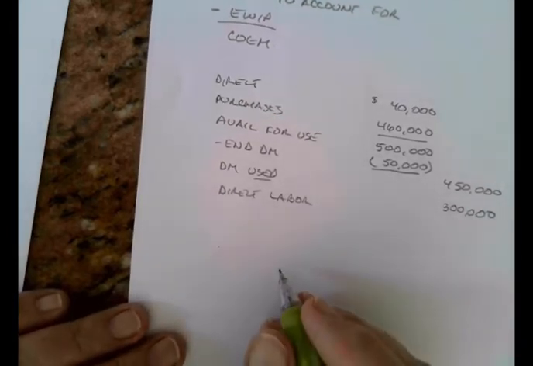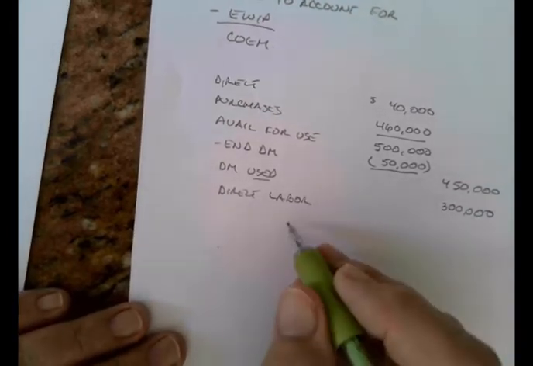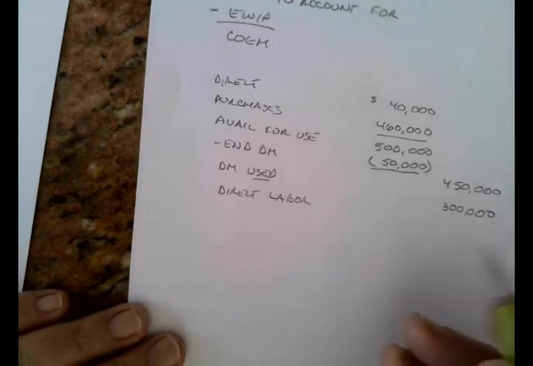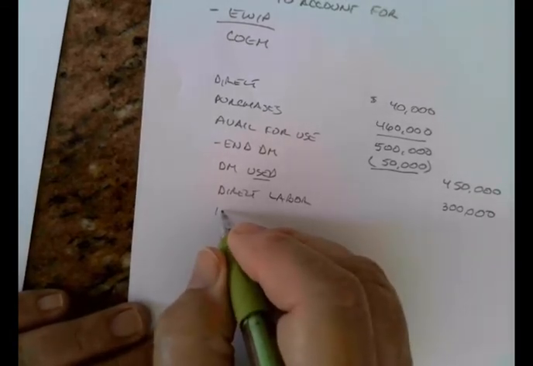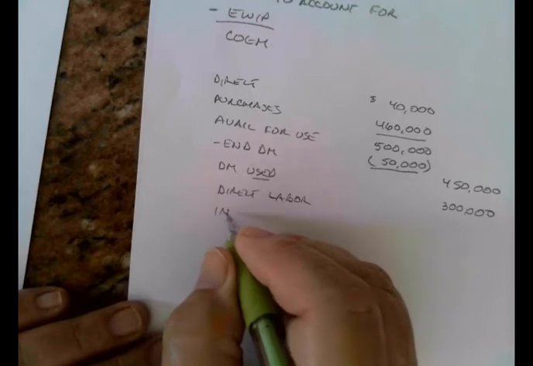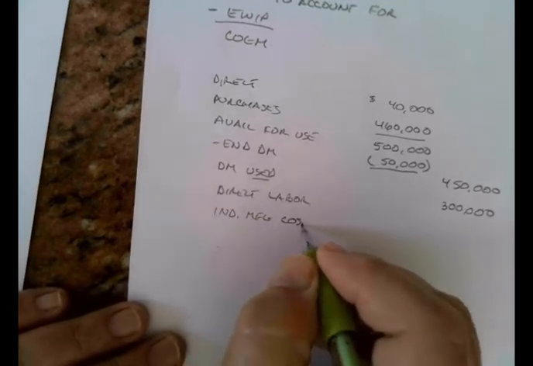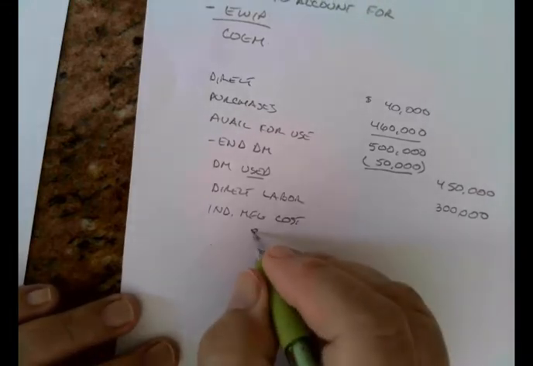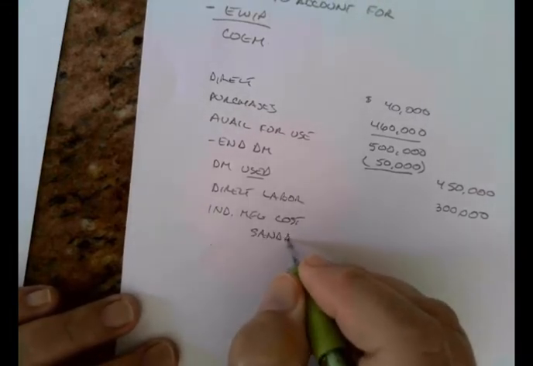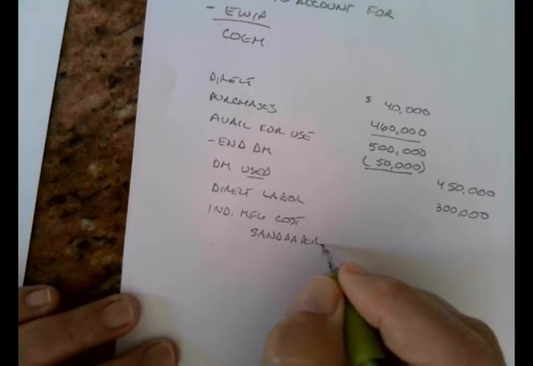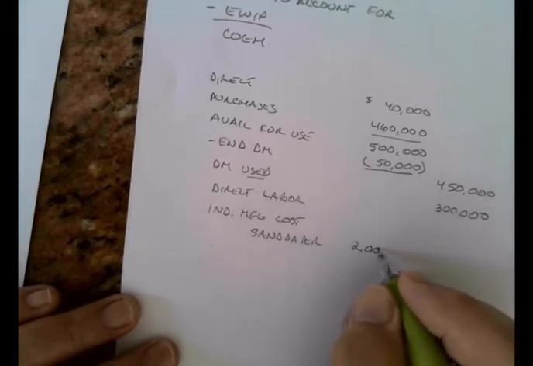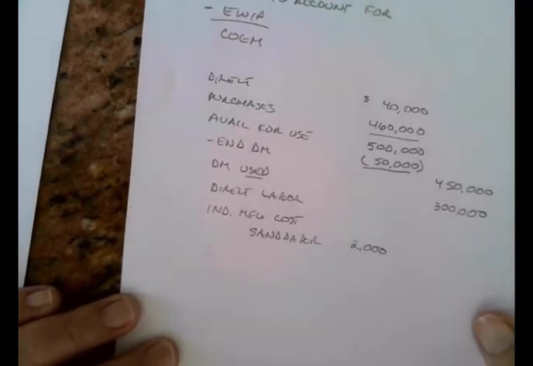And now overhead, and normally this is going to be an allocated number, but right now they're using actual indirect costs, so we'll call this indirect manufacturing cost. And they've got a bunch of them here. We've got sandpaper for $2,000. I hope you can see this. I'm going to slide it up a little bit.